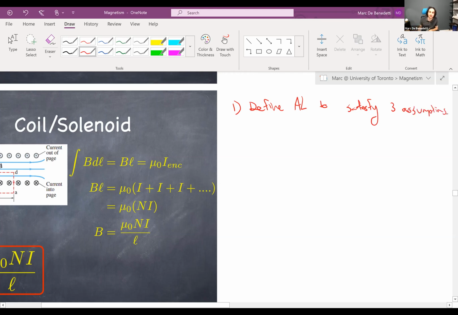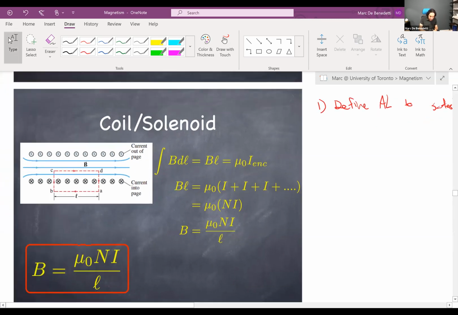If we cannot find a loop that satisfies these three assumptions, then we're toast. We have no ability at all to use Ampere's law. So let's see if we can. Well, our assumption one is that we have to find a loop where the B field is constant everywhere along the loop, the theta has to be constant, and we need to know the perimeter of the loop. Those are the three assumptions.